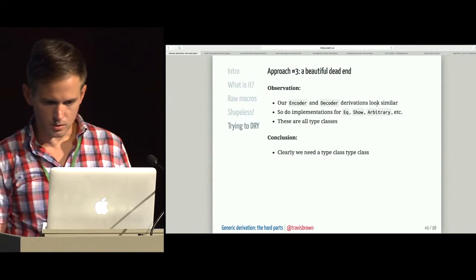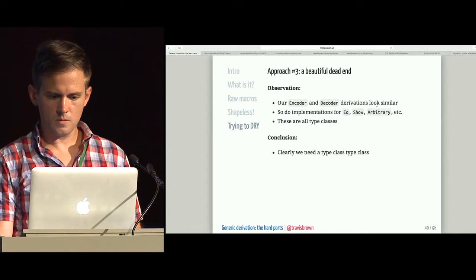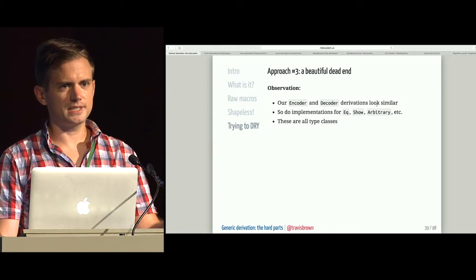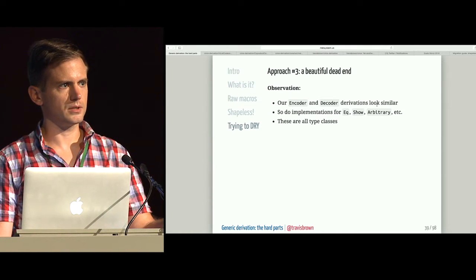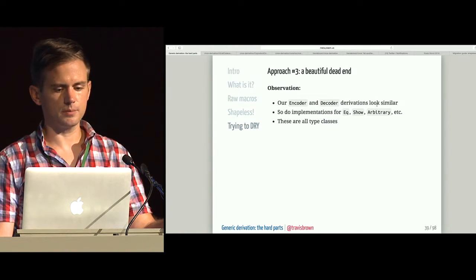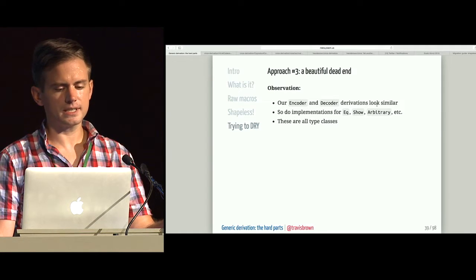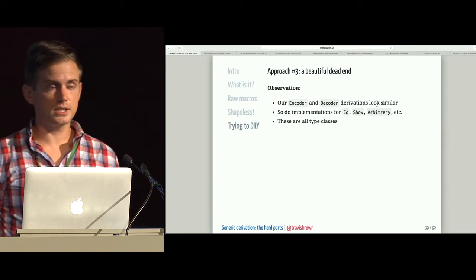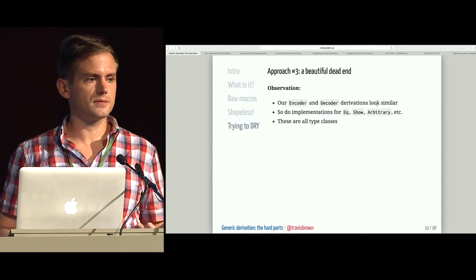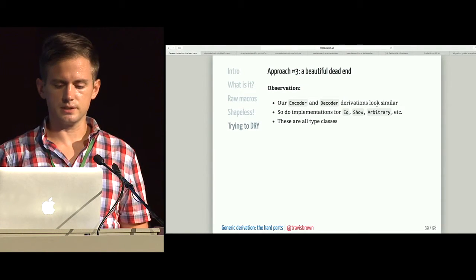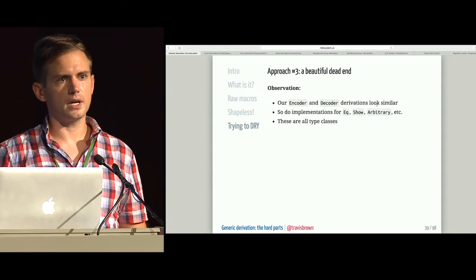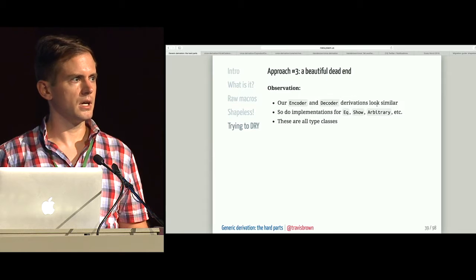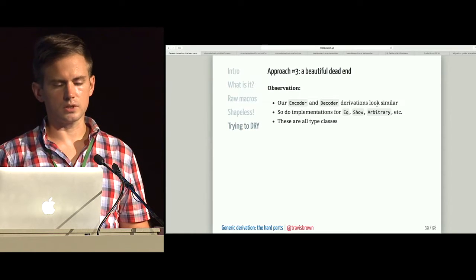Okay, so because this isn't the direction that Circe went, or that most of these libraries went, I want to skip over this really quickly, but it's a really nice idea. Because all these implementations look really similar, and implementations for kinds of type classes that don't have anything to do with serialization, like generic derivers for equality type classes or show or arbitrary, the instances will look almost the same.